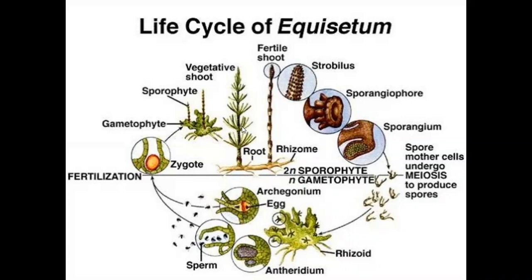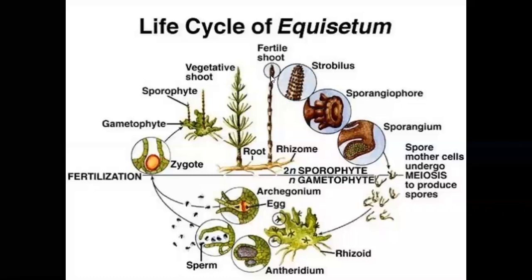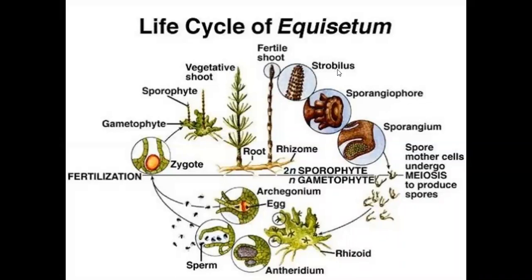On the lateral side of these vegetative shoots, fertile shoots are present. Fertile means they participate in reproduction. They can produce reproductive organs called strobilus.